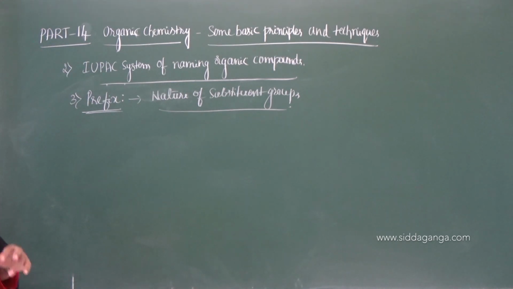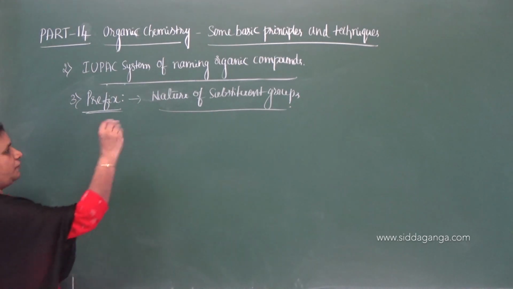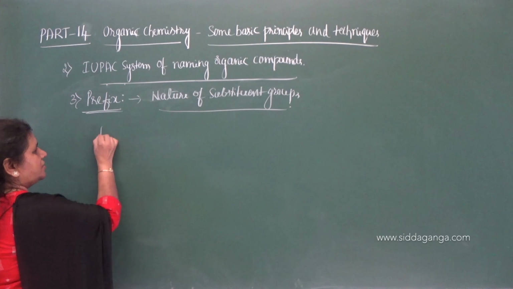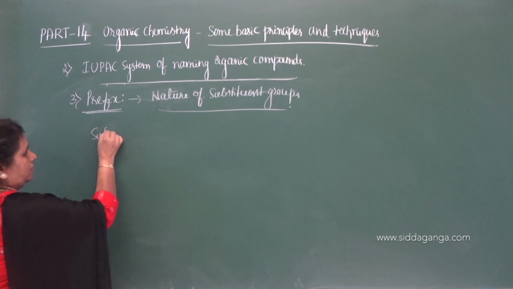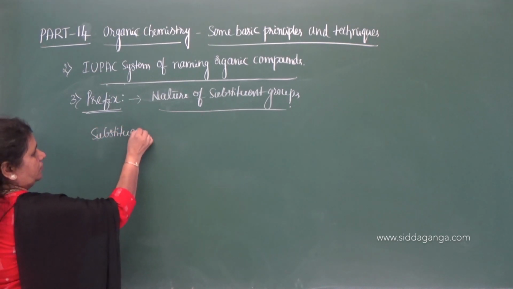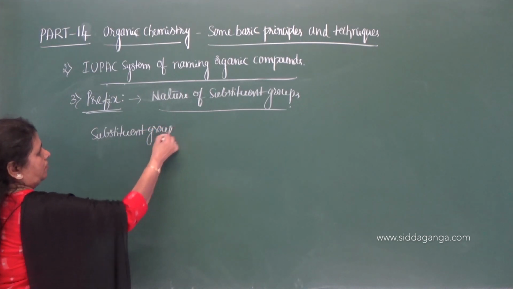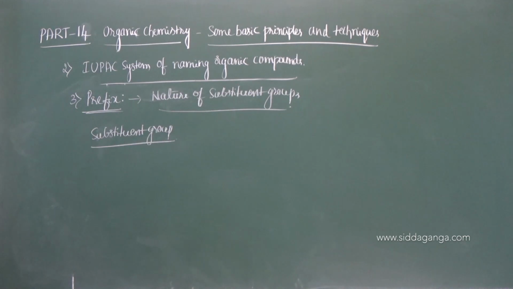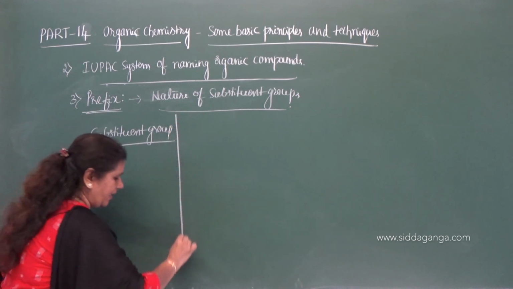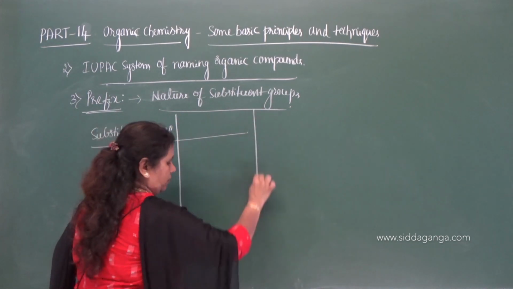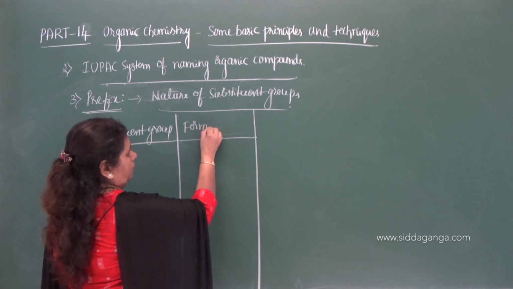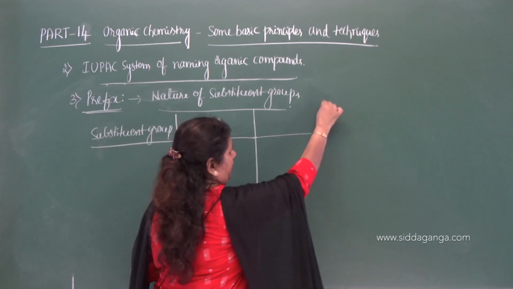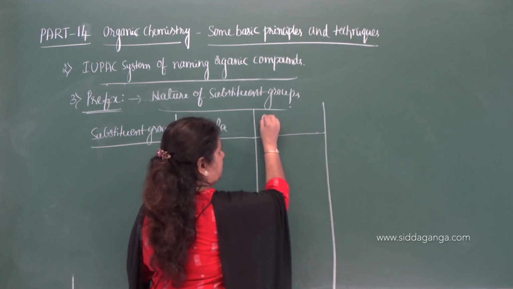Now, let me give the table for the prefixes. Write on the nature of the substituent group. Substituent group in one column, formula in the second column, and in a third column you write the prefix.